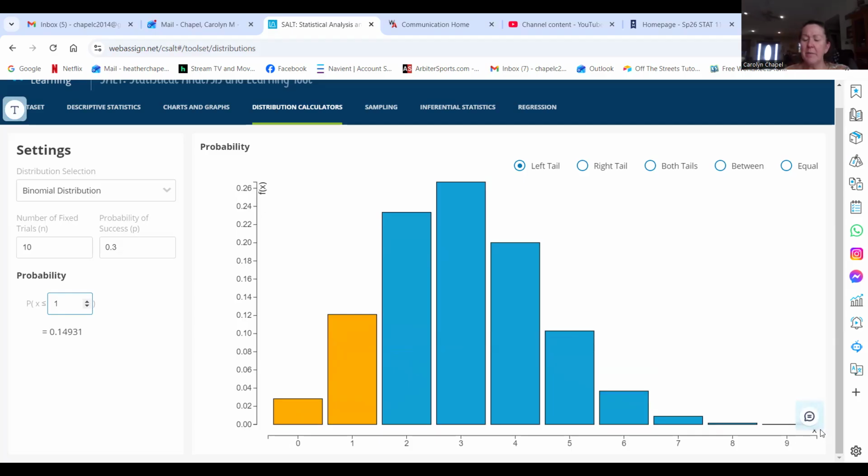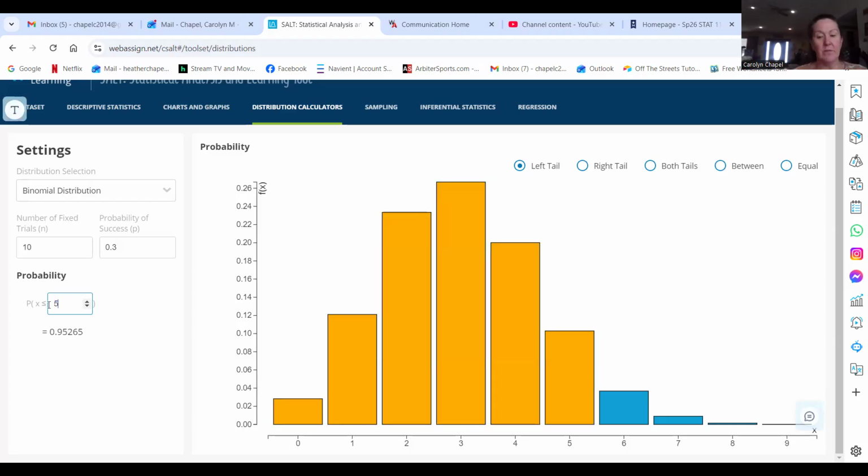That is because the probability of something more than that is going to be very, very small, basically 0. Even here we have 0.001, and this one is even smaller than that. So here we got 0.14931.